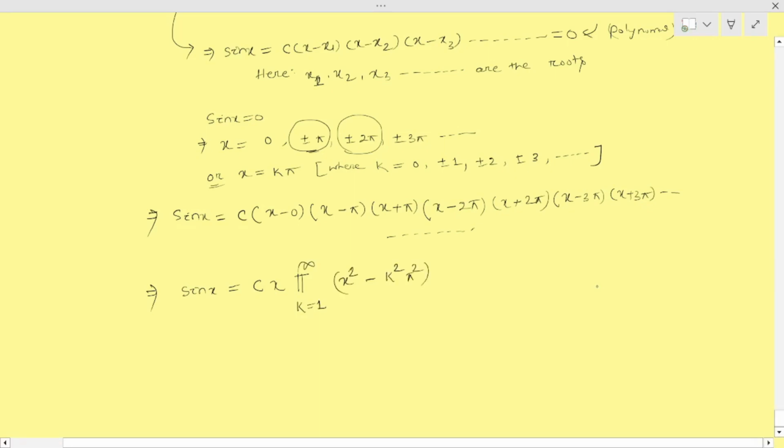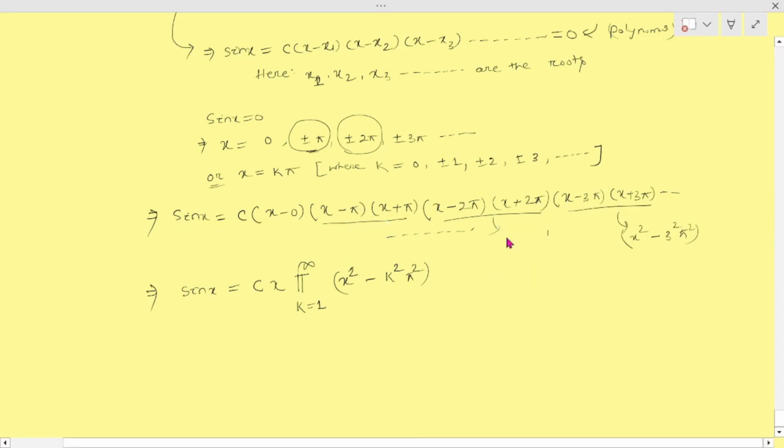Why have I written this? Here you can see x minus pi into x plus pi will be x square minus pi square. If I multiply the next two terms, it will be x square minus 2 square pi square. By multiplying these two terms, we find x square minus 3 square pi square. So in general, we can write x square minus k square pi square, right?